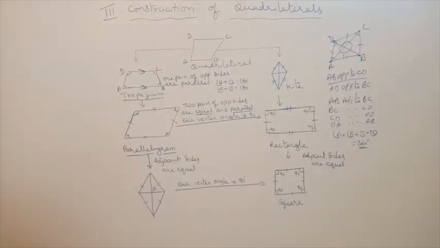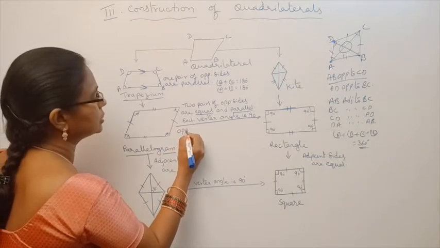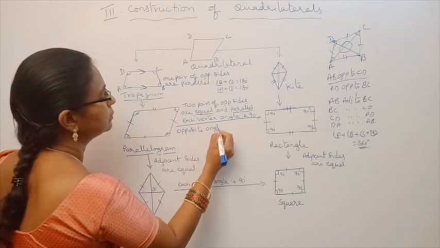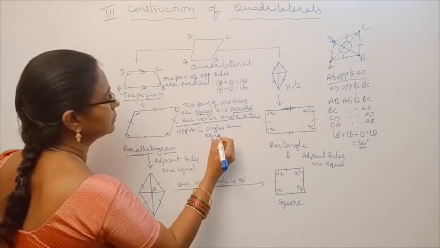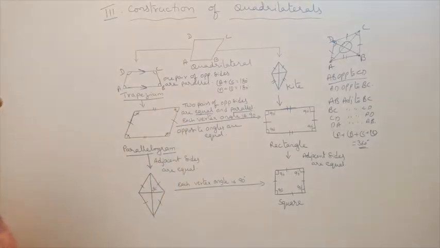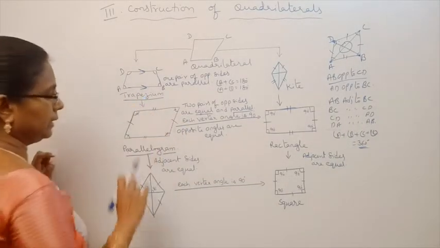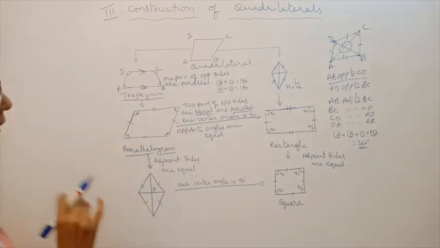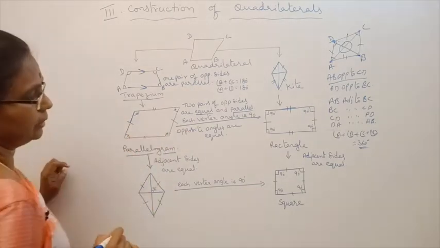One more thing, opposite angles are also equal. In a parallelogram, two pairs of opposite sides are parallel and equal, and opposite angles are also equal.